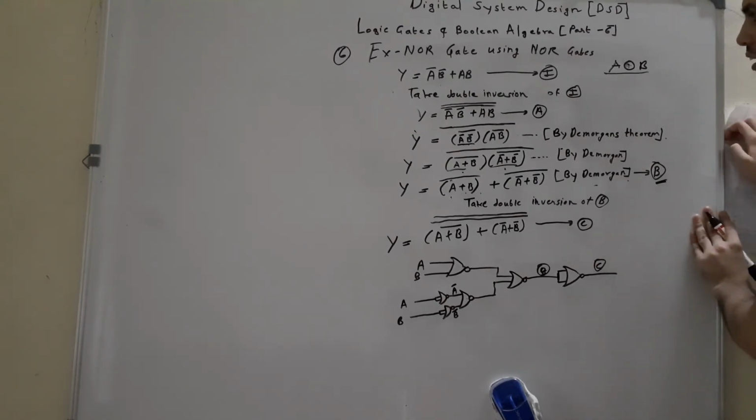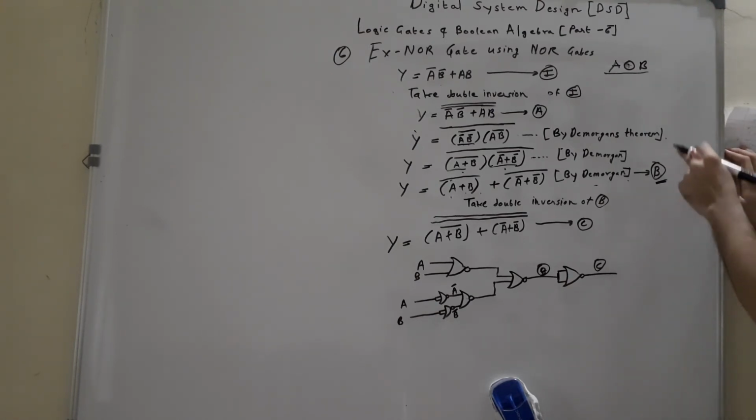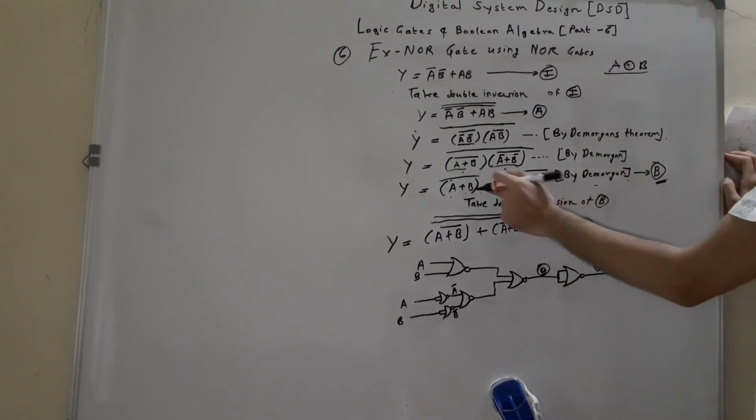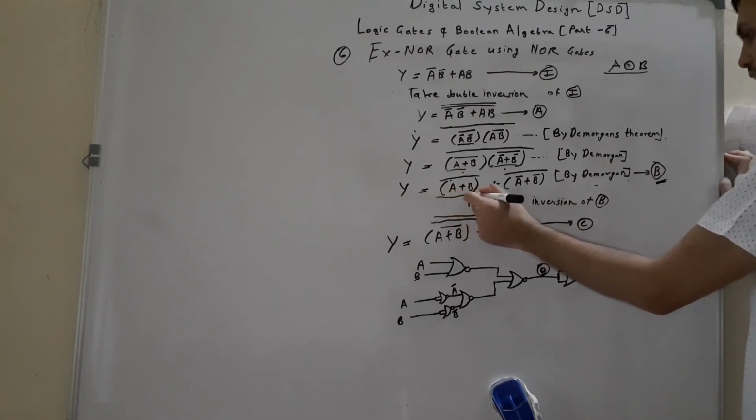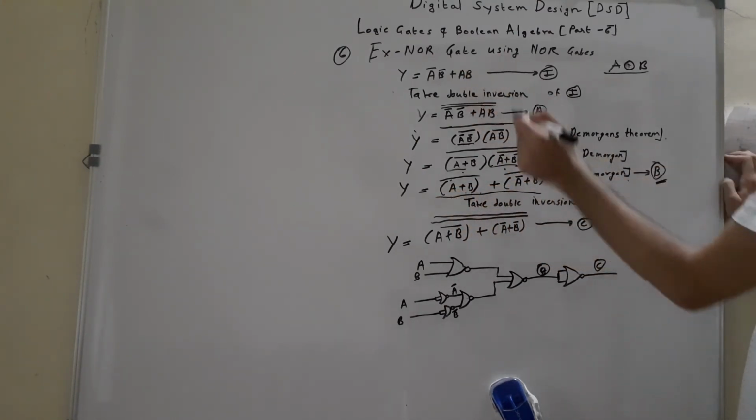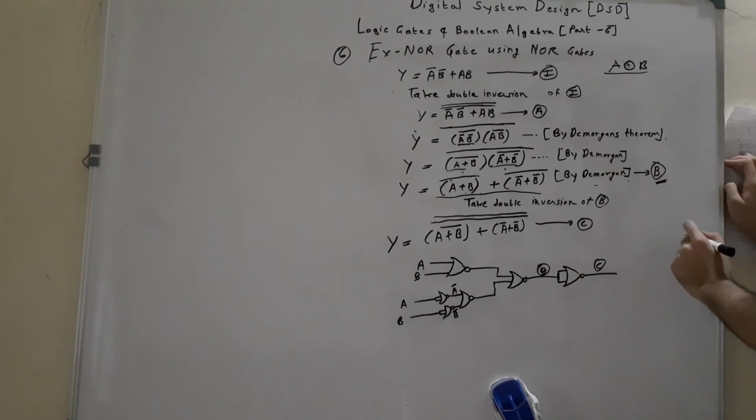So after taking the double complement and Boolean simplifications using De Morgan's theorem, till now we obtain the simplified version of this XNOR gate. But we want to realize this using only NOR gates.